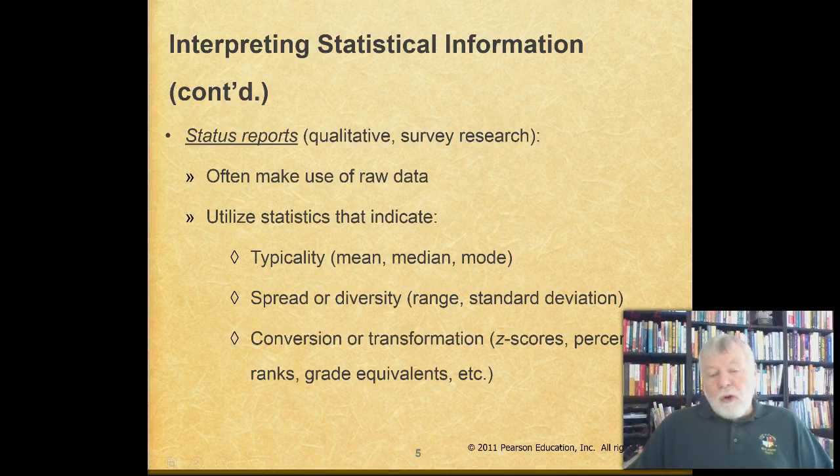So if your score came back in the 63rd percentile, it means that your score was as good as or better than that of 63% of the people who took the same test. So that's percentile ranks. Oftentimes we also see scores converted into grade equivalents or age equivalents. So those are typical ways of looking at conversion and transformational scores.